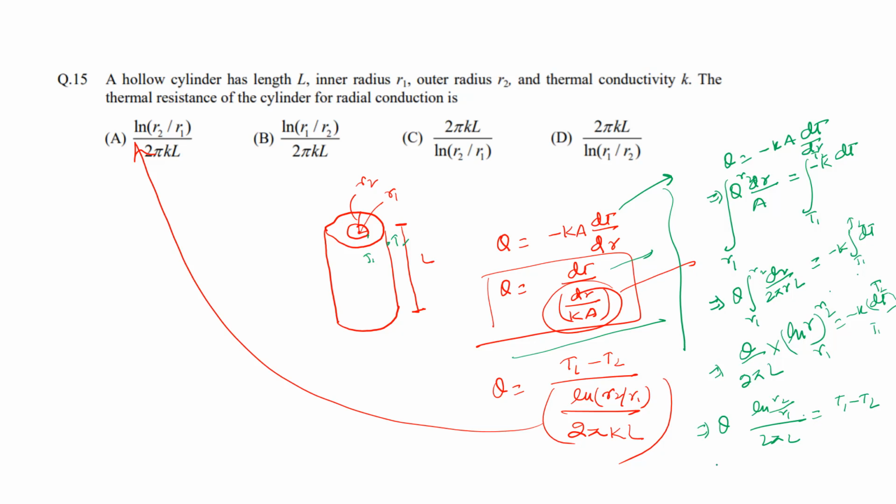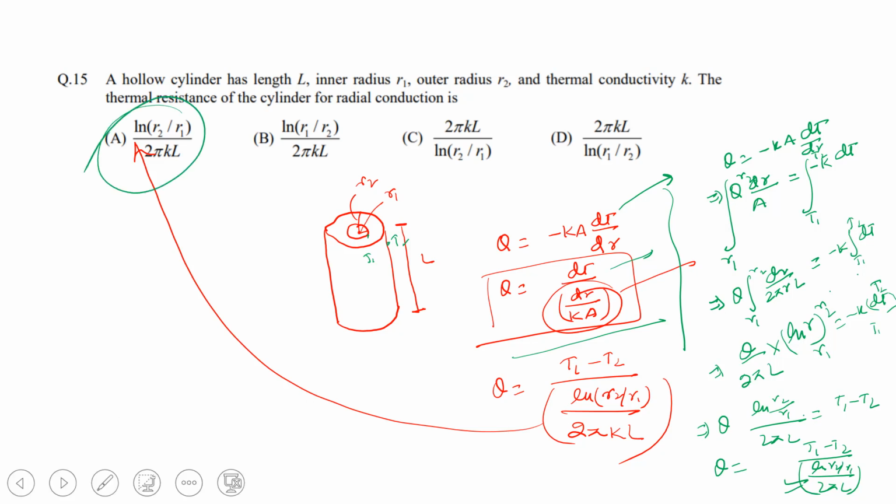So Q is T1 minus T2 divided by ln(R2 by R1) by 2 pi L. So this is your thermal resistance. Similarly you can do that for the spherical case, so you can easily calculate even if you forget the formula. Okay guys, now let us proceed.